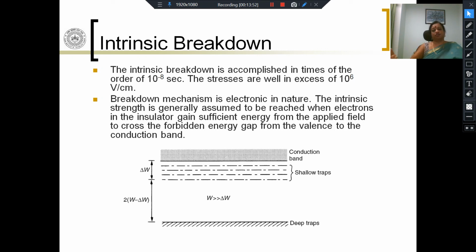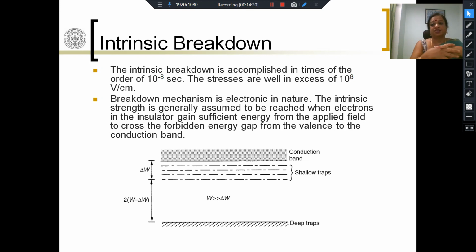After that, these electrons must gain energy from the electric field and must produce an avalanche, just as we have discussed in the case of gases. So they have to cause ionizing collisions. There have to be enough secondary electrons released by these electrons, and only then can intrinsic breakdown happen. As I said, this is more theoretical in nature.